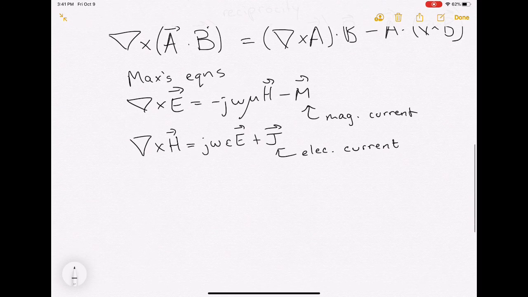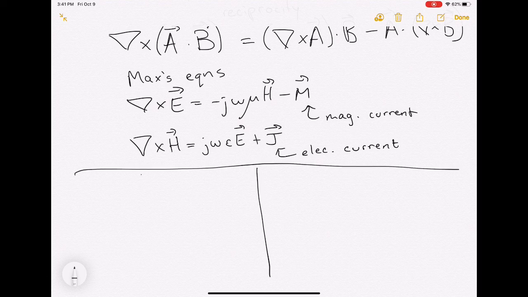The way reciprocity works is we start by setting up two separate problems. In problem 1, we have sources J1 and M1. And in problem 2, we have sources J2 and M2.